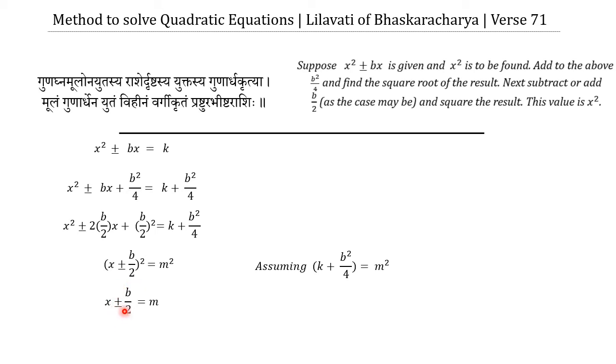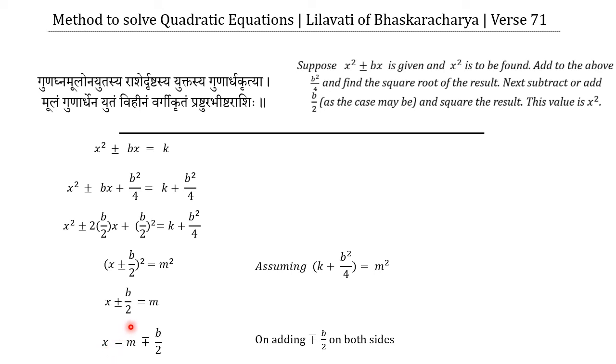But in this case, since we have x plus minus b upon 2, we will simply add minus plus b upon 2 to both sides of the equation to eliminate this plus minus b upon 2. So on adding minus plus b upon 2 to both sides, this is what we get.